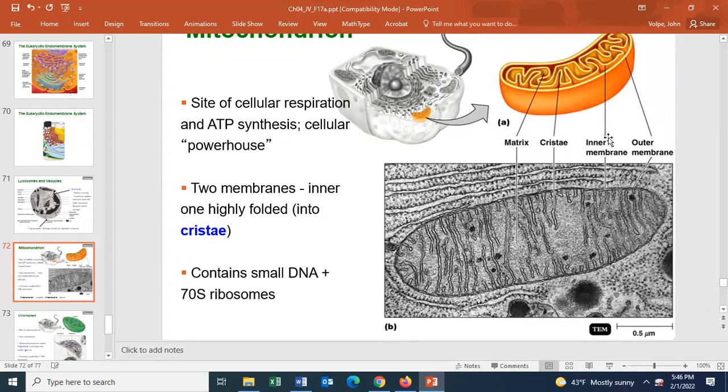Here we're looking at the electron microscopic image of the mitochondrion. And you can see that the inner membrane is highly folded, showing you the cristae on the electron microscopic image. The cristae is the folding pattern of the inner mitochondria.